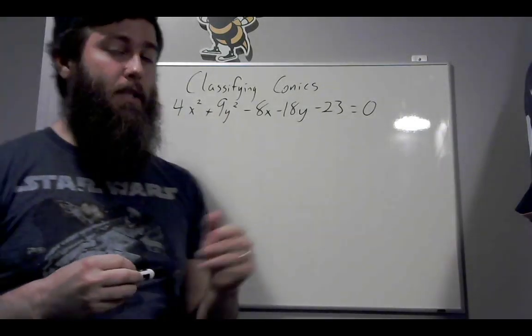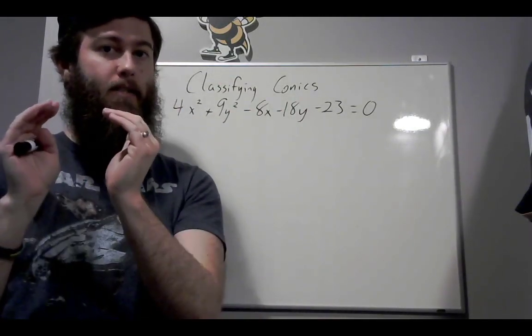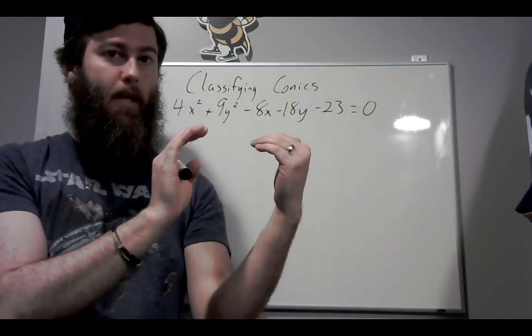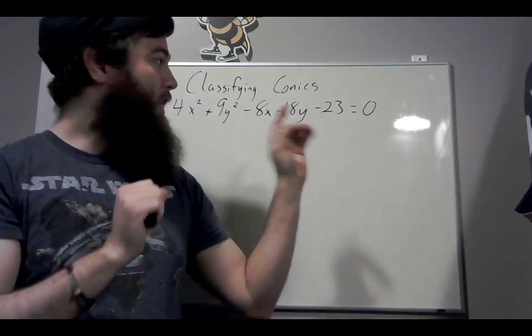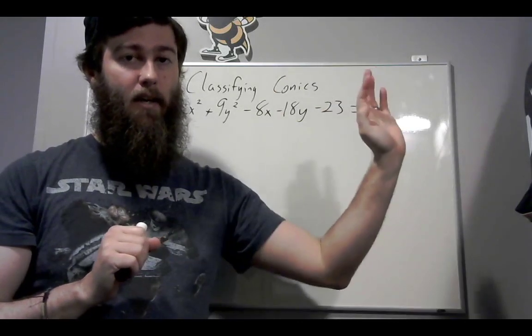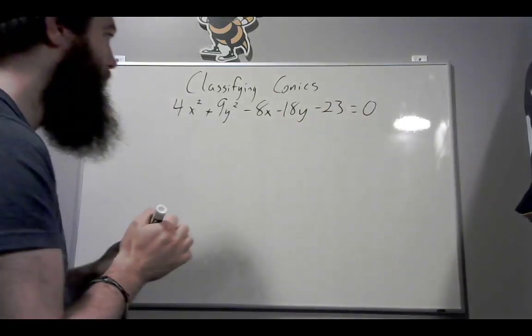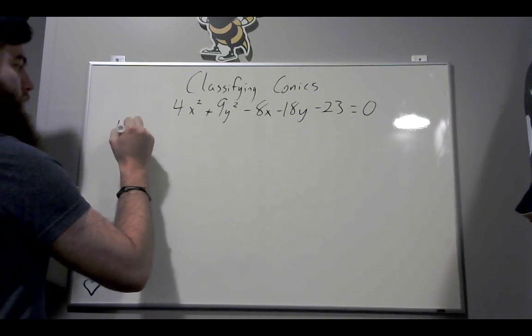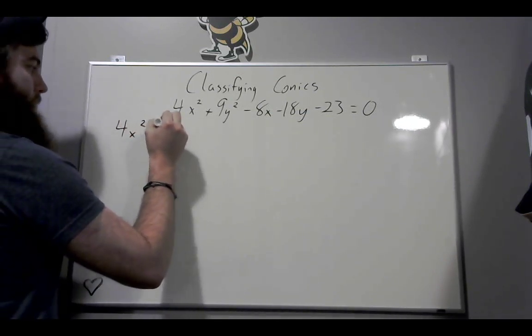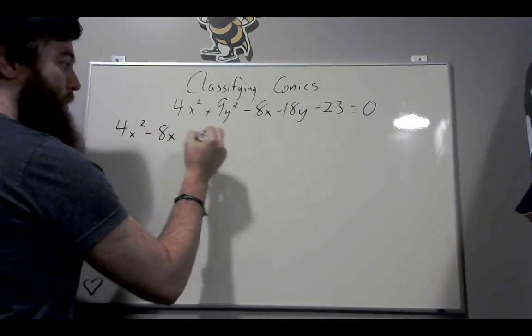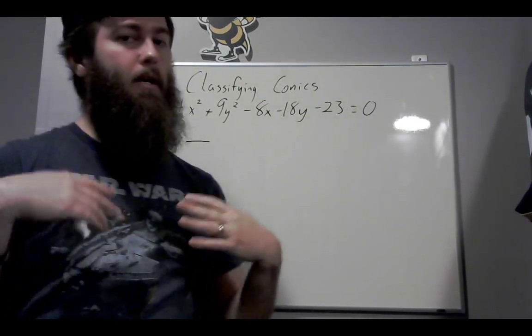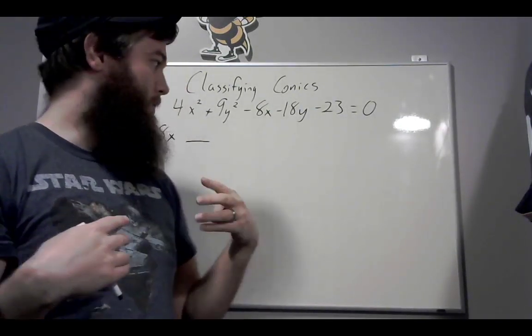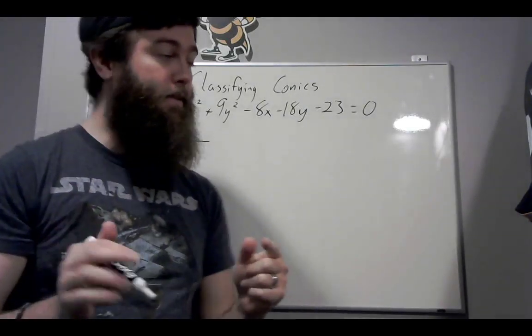So the first thing I want to do is group my x's together and group my y's together. And then I also want to move this constant to the other side. So that means I'm going to have a 4x squared minus 8x, and I'm going to put a blank because I'm going to need that blank to complete the square for my x's.